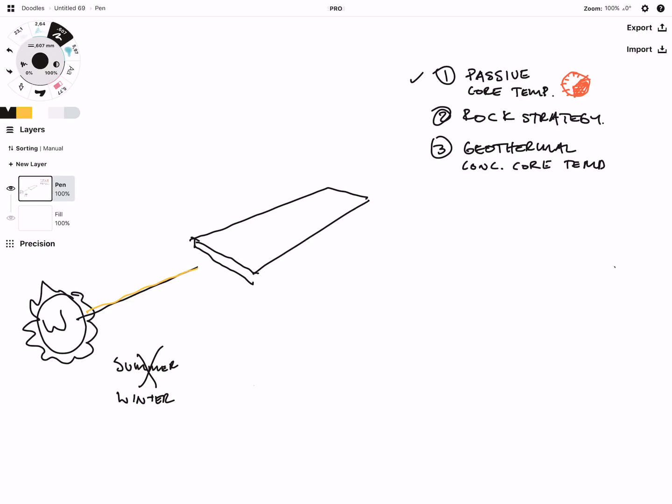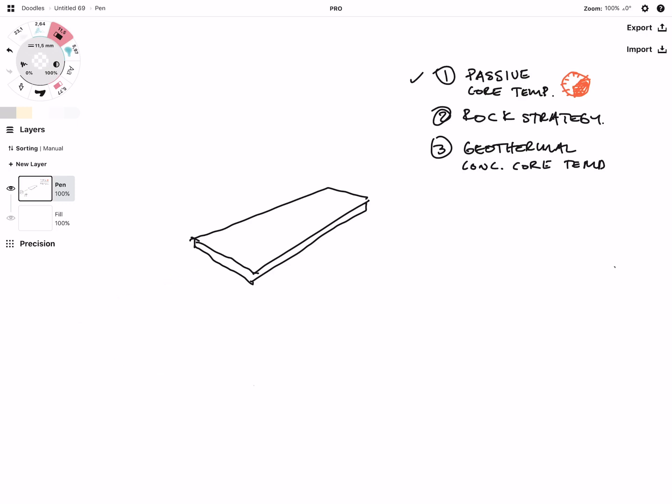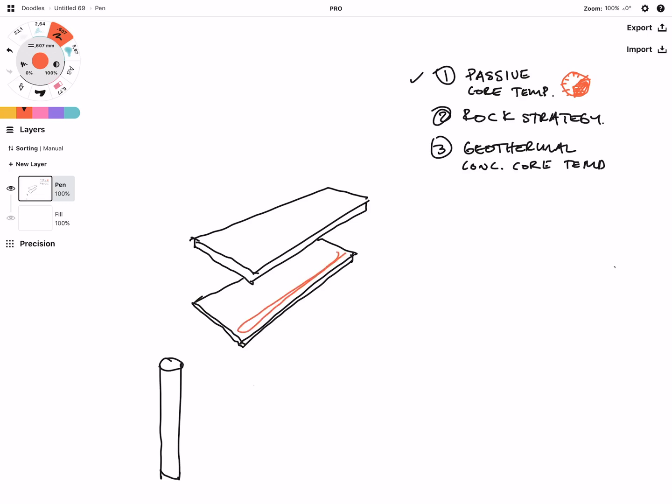In this case, you're not dealing with the sun, but you're dealing with the earth. And what we're going to do is we're going to dig a hole, take a frankie pile, go down by 100 meters, and we're going to run a PEX pipe through our slabs.